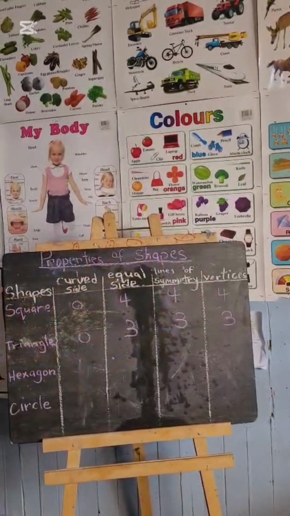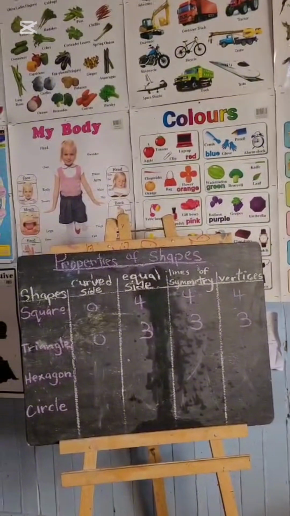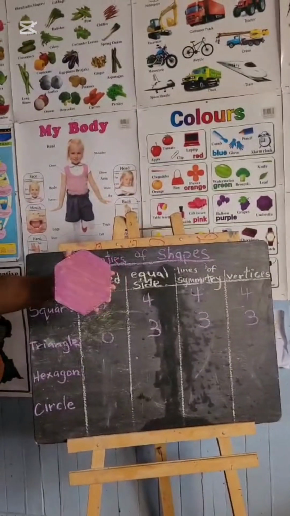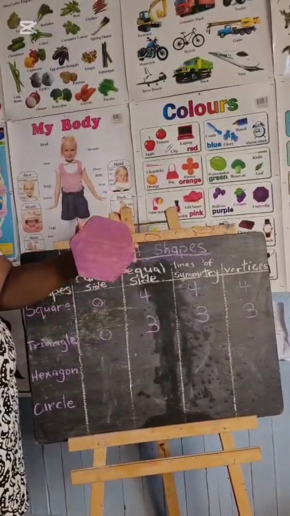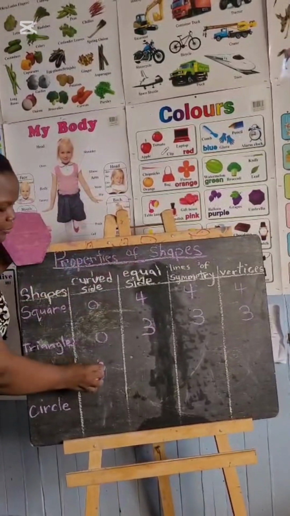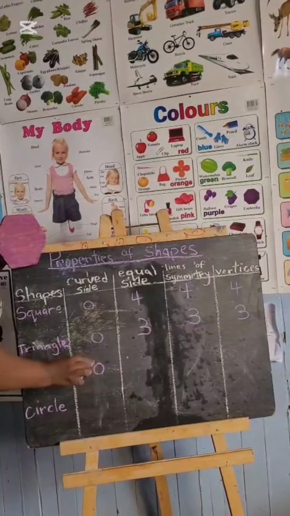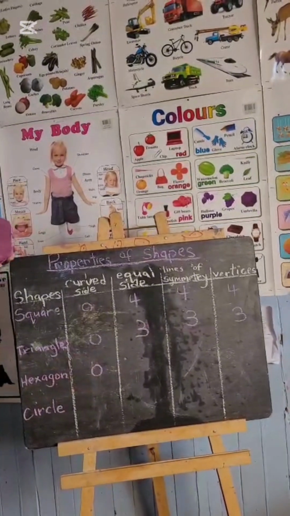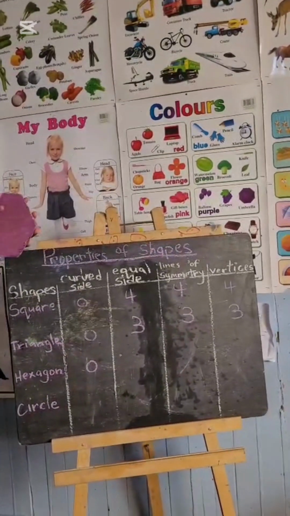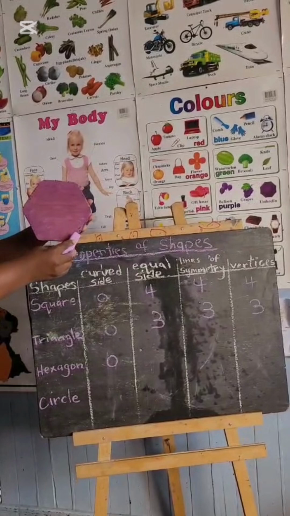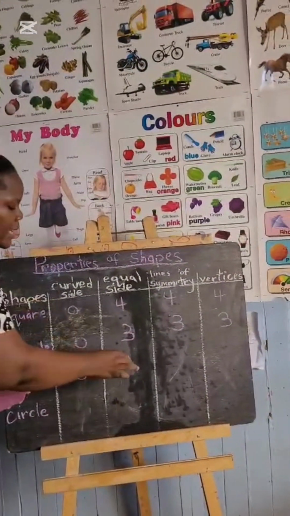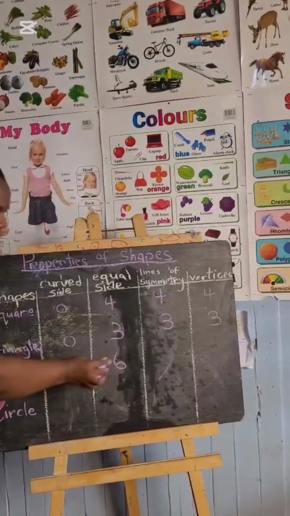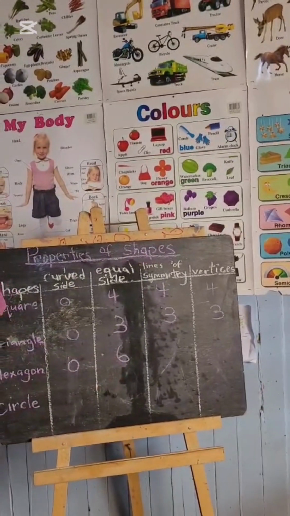Good. So the next shape we'll be looking at would be the hexagon. And here, can you see any curved side in the hexagon? No. So that would be 0. How many equal sides does the hexagon have? Let's go. 1, 2, 3, 4, 5, 6. So we have 6 equal sides. Then how many lines of symmetry will we have?